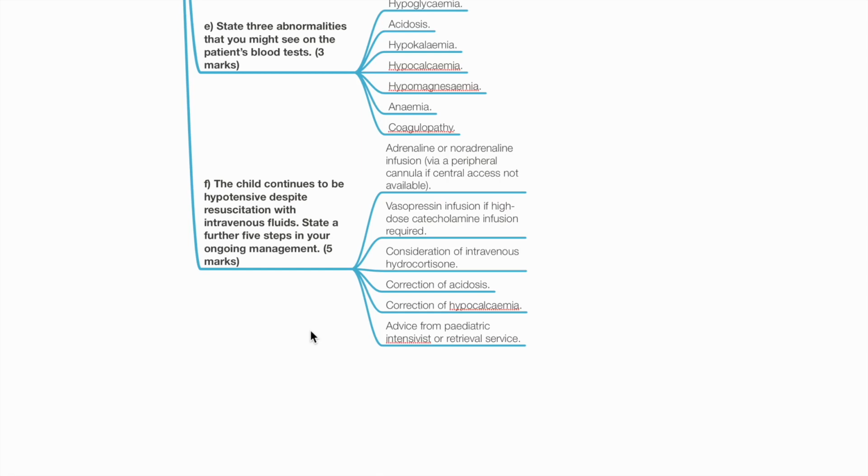State further 5 steps in your ongoing management. This includes adrenaline or noradrenaline infusion via peripheral cannula if central access is not available, vasopressin infusion if high-dose catecholamine infusion is required. Consider IV hydrocortisone, correct acidosis, correct hypocalcemia, and seek advice from a pediatric intensivist or retrieval service.